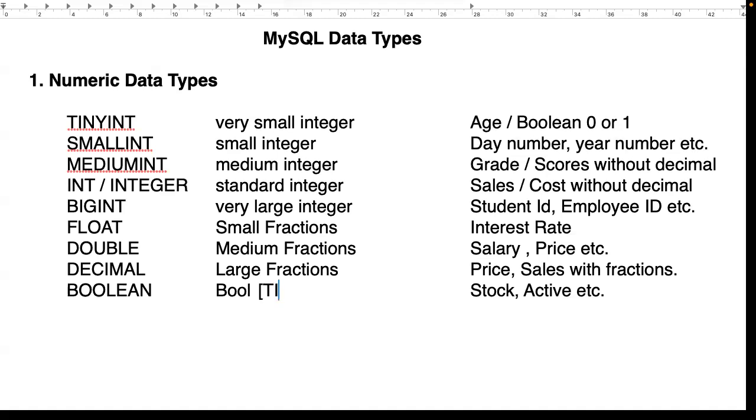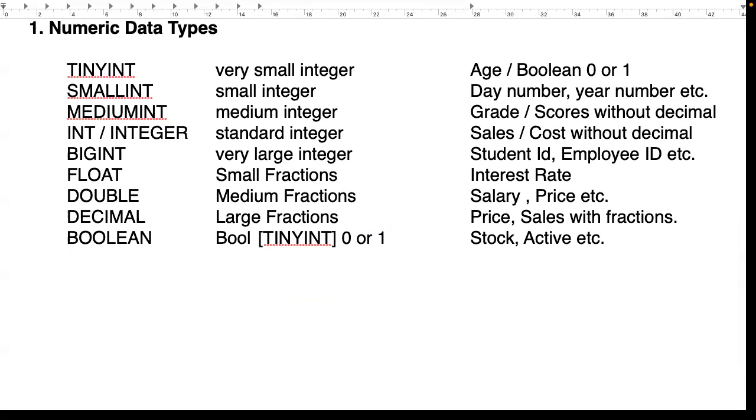It is tiny int, 0 or 1. It's not true false here. It is 0 or 1. So these are numeric types. Depending on what type of data you want to store, you can configure them.